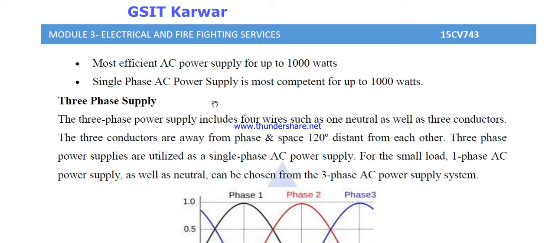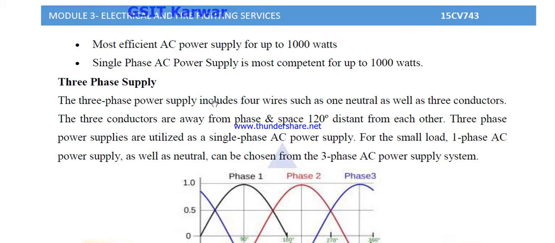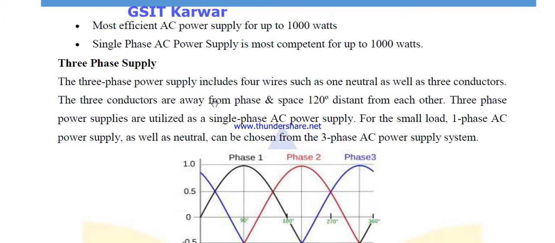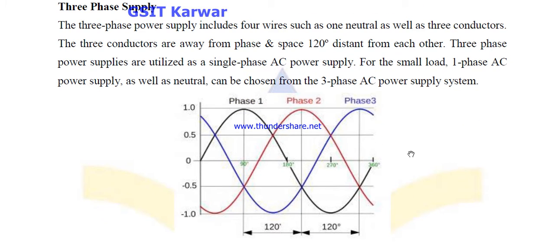Next, three-phase supply. What is three-phase supply? The three-phase power supply includes 4 wires: one neutral as well as 3 conductors. The 3 conductors are out of phase and spaced 120 degrees from each other.